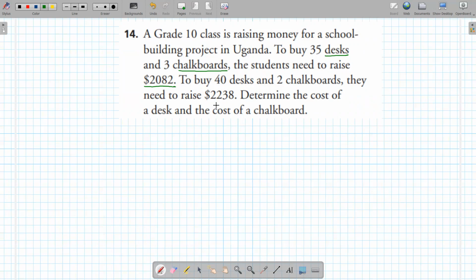What is our x and what is our y? It's the cost of a desk and a chalkboard. So that's going to be our x, that's going to be our y.